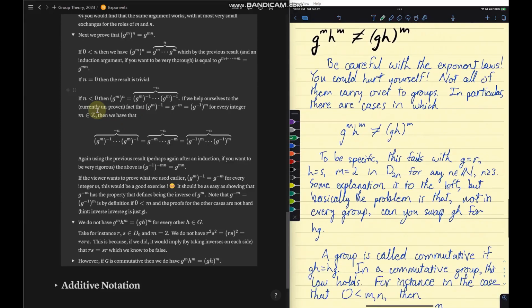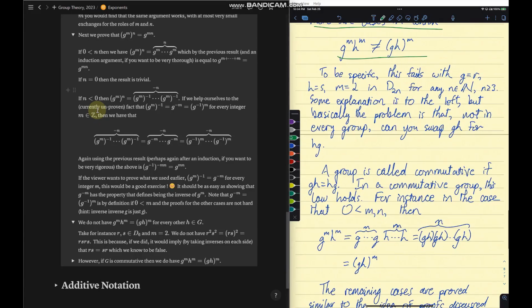I would like to just spend some of the rest of the video pointing out that not every exponent law that you may be familiar with and hope exists for groups, not all of them hold for every group. So be careful with the exponent laws. You could hurt yourself. Not all of them carry over to groups. In particular, there are cases where g to the m, h to the m is not the same thing as gh to the m.